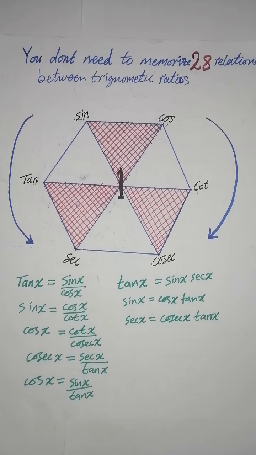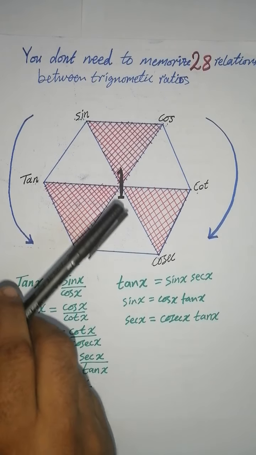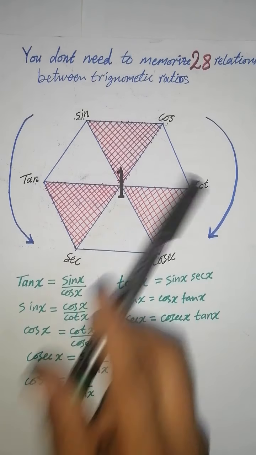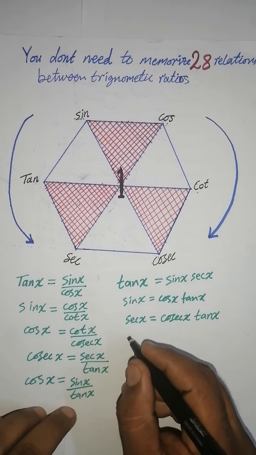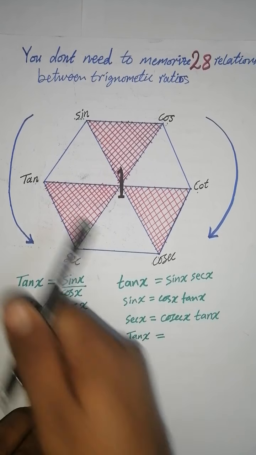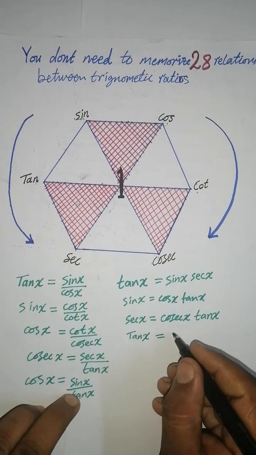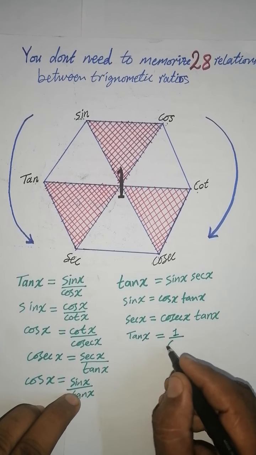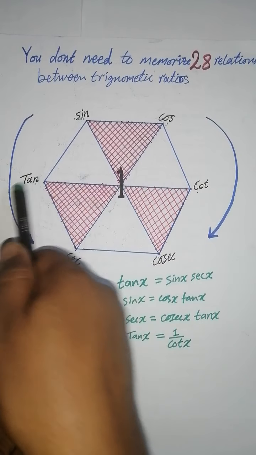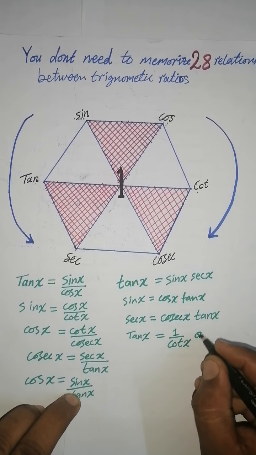Another group of relations between the trigonometric ratios is the inverse relation, like tan equals 1 over cotan. Tan x equals 1 over cotan x. And cotan equals 1 over tan. So you can write it like this even.